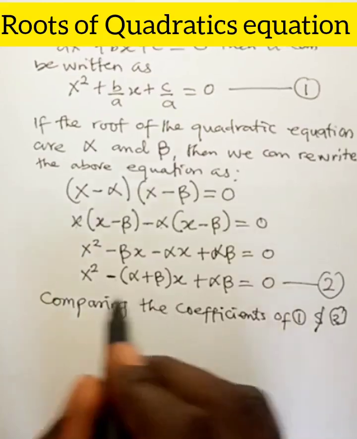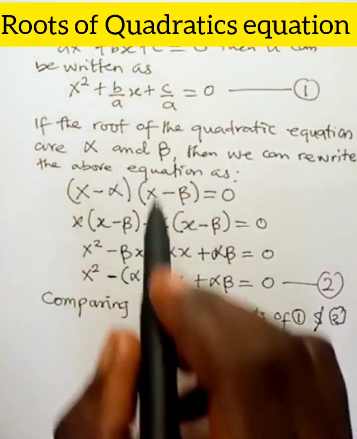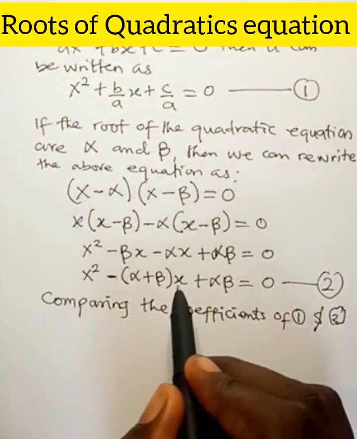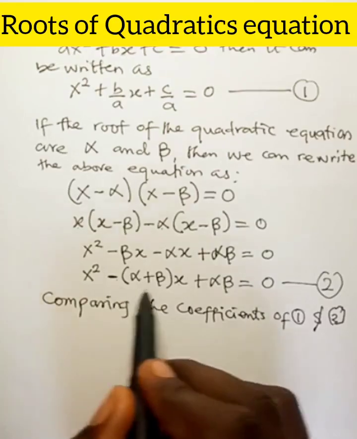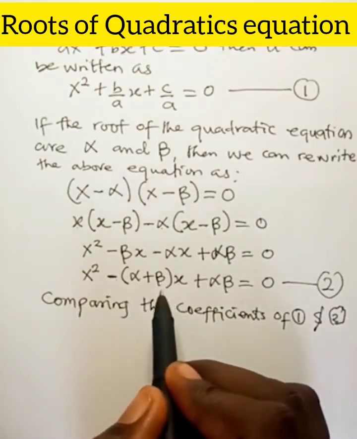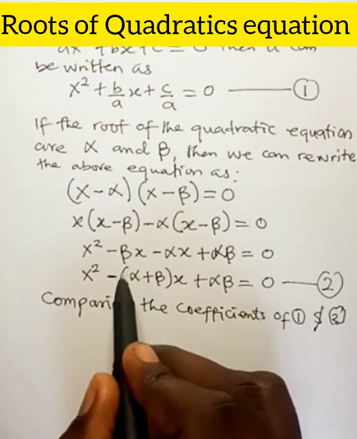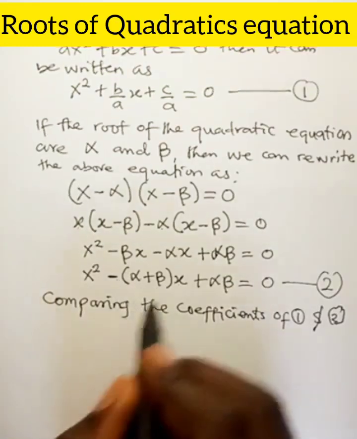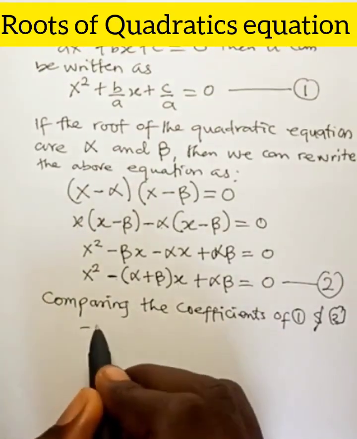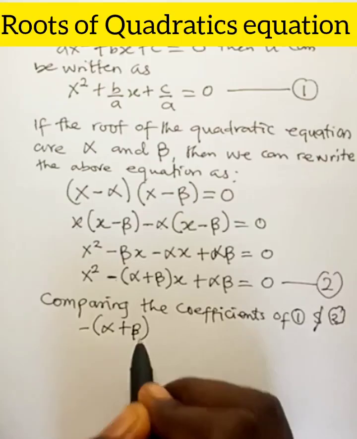Now from equation 2, the coefficient of x² is still the same thing as the coefficient of x². But let's compare the coefficient of x here. Coefficient actually means a term or a number beside the variable. So in this case, the term is minus into alpha plus beta. So the coefficient of x here is minus alpha plus beta.